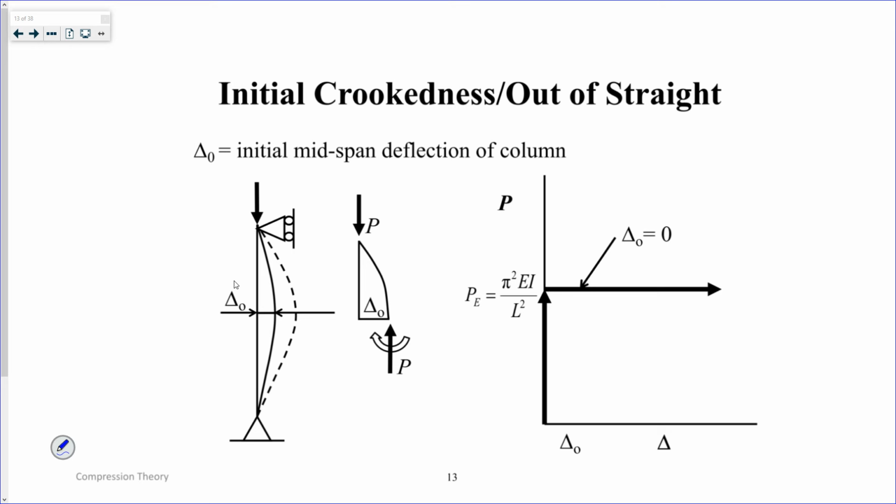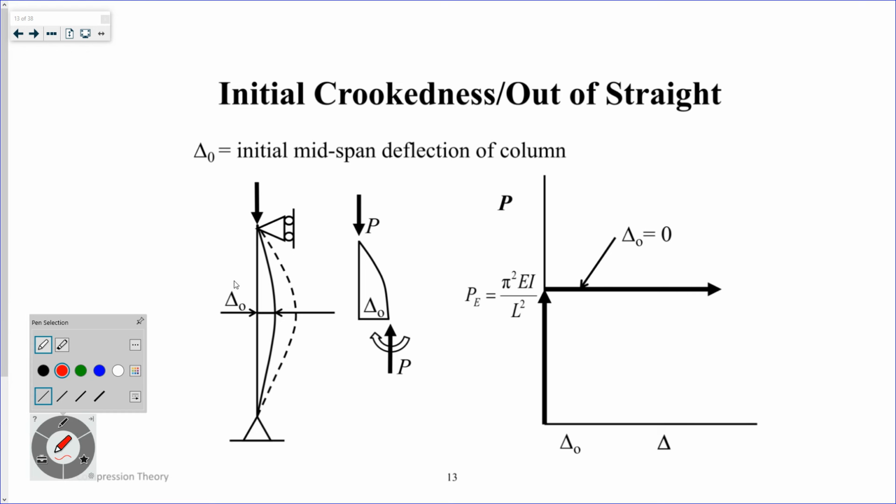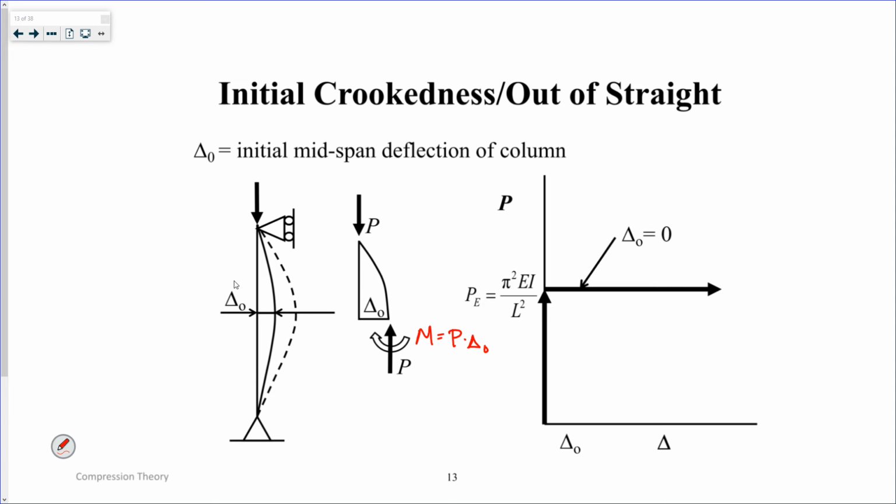So when you're looking at the mid-span, not only do you have your axial load P, but now you have a moment P times delta naught. In a perfect world, this is our bifurcation point, right? You have the additional stresses, right?